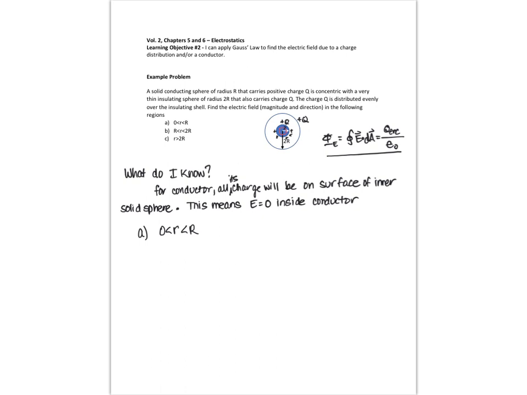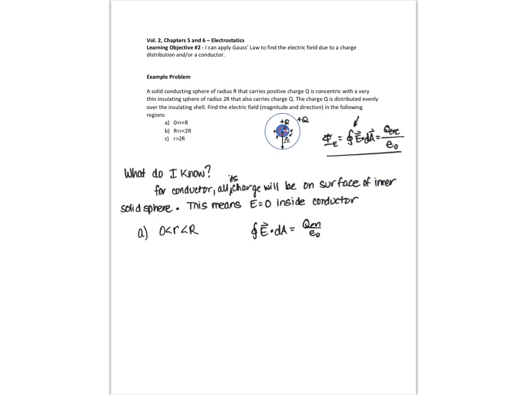That red circle represents the surface that I'm using in this integration right here. And so I'm doing the electric field dotted with the area, and then I'm going to look at the charge inside over epsilon naught.